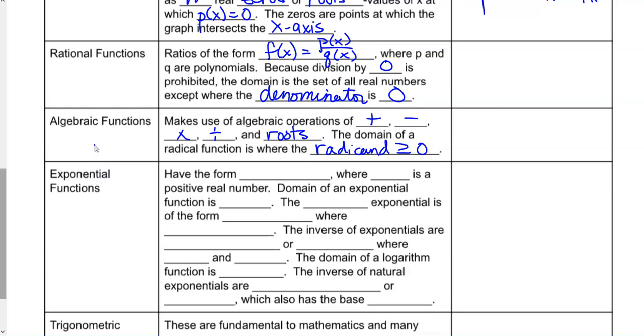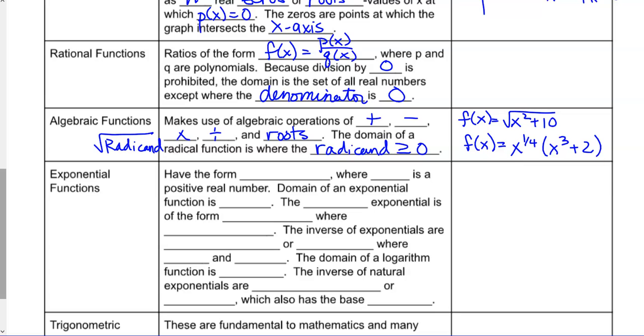So you want to jot it down over here or something like that to remind you. The radicand is what's underneath. So I could have something like f of x is equal to the square root of x squared plus 10. That would be an algebraic function. I could also have one in fractional exponent form where I have like x to the 1/4 times x cubed plus 2 or something like that. So that would be an algebraic function as well.